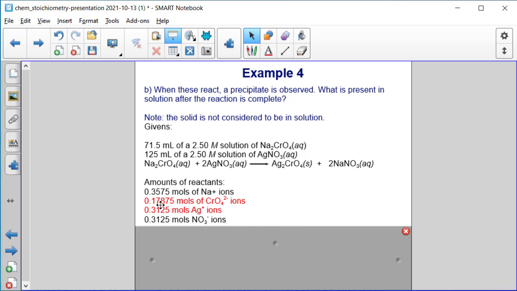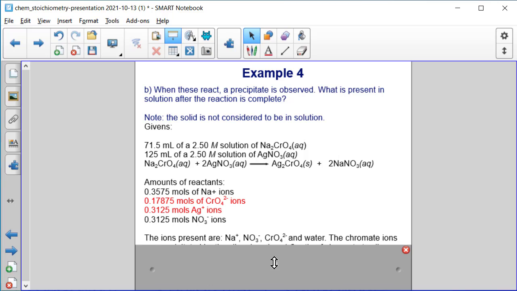We have some chromate and a little more silver, but we don't have twice as much more, right? If I'm going to react 1-to-2 chromate to silver, I need twice as much silver, and 0.17875 is greater than 0.3125 divided by two. So what happens? All the silver gets used up and we're left behind with some chromate, okay?